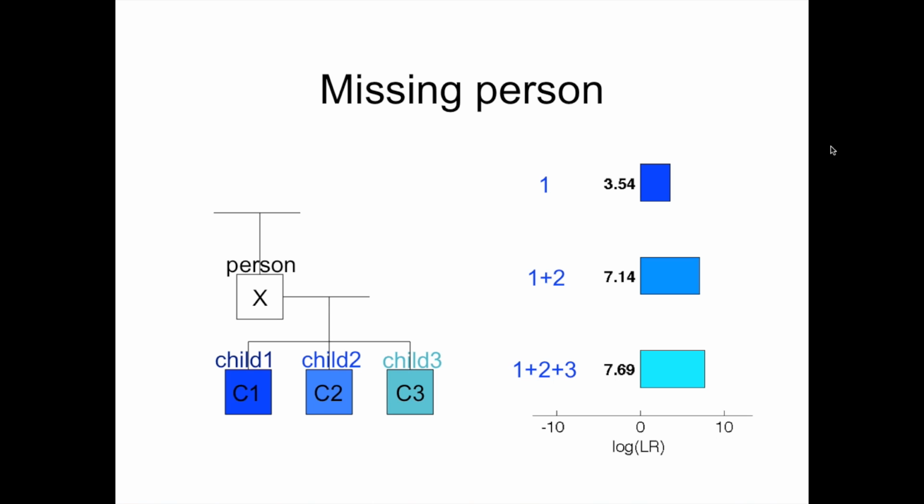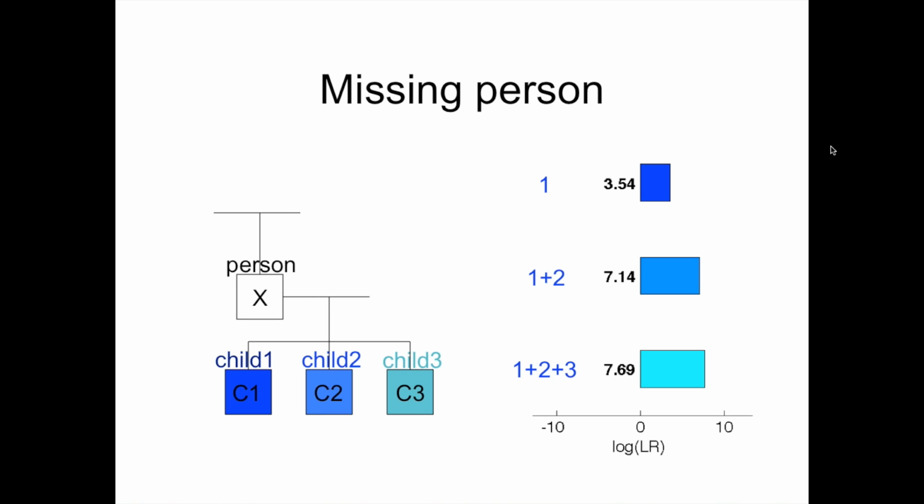Shown on the right is the log likelihood ratio, and the 3 bars represent whether 1 child was used, the first child, whether 2 children were used, 1 and 2, or whether 3 children were used, child 1, child 2, and child 3.